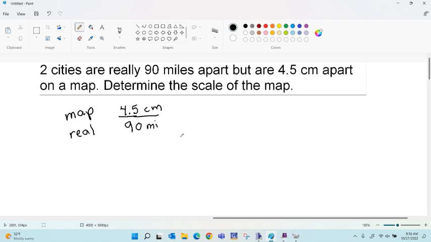Okay, so what I want to do is make this into a fraction, but I want to reduce it. Well, we need to get rid of our decimal. So there's a couple of different ways that we can handle this.